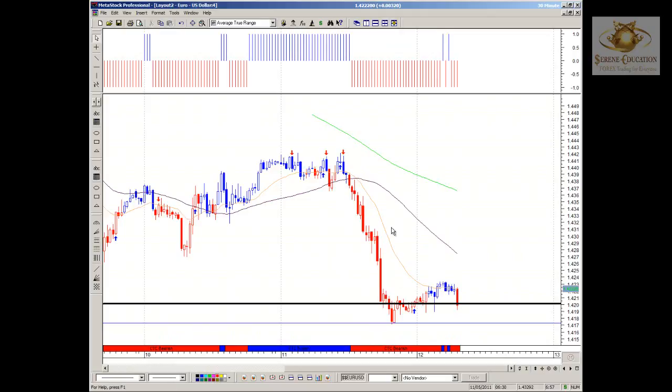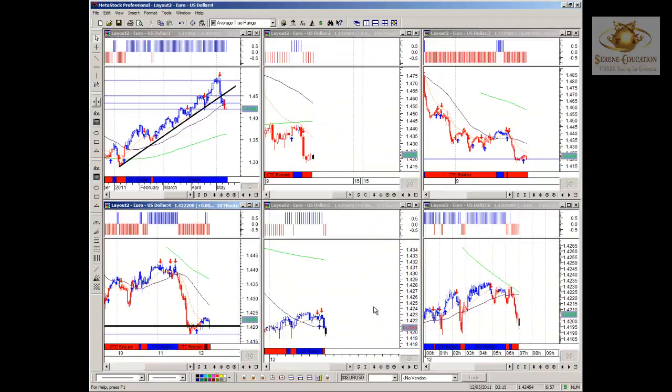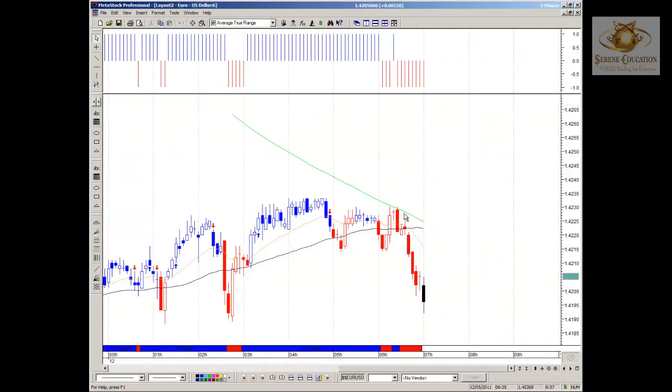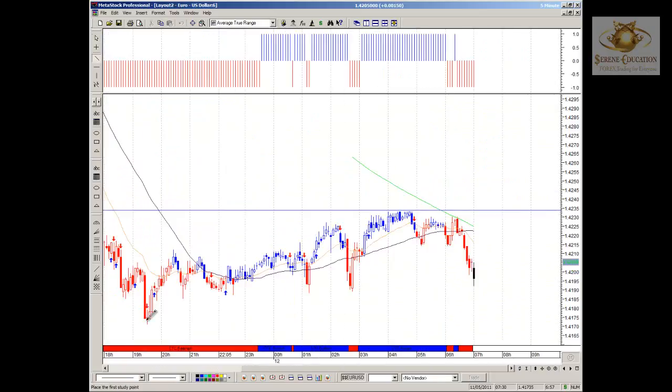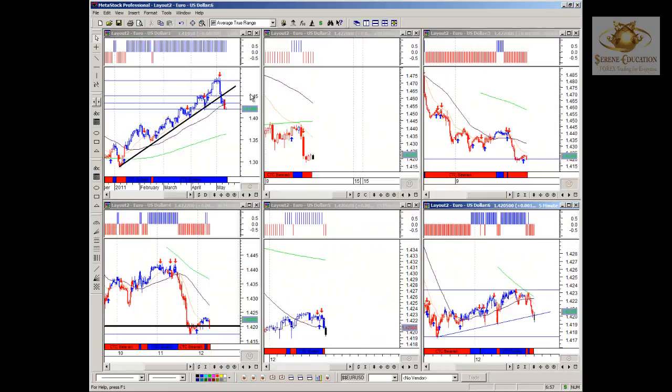We have come from a high point, and you can see on a 5 minute how the 200 period moving average acted as a resistance level during the Asian market trading session, and we saw a failure to trade higher than 14,235.50, and subsequently due to this we've seen price fall to the downside. It's now broken through this small uptrend. Ideally we wanted to trade lower than the 14,175 mark to get a definite signal to the downside.